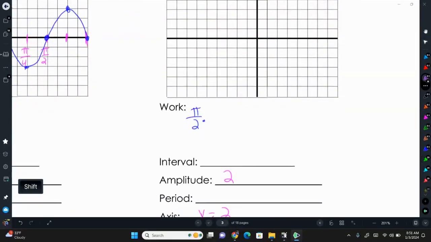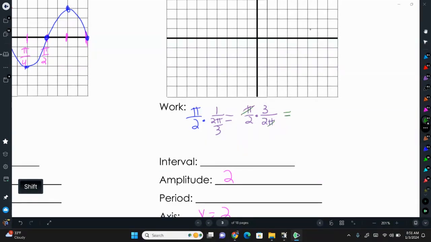So to calculate the interval, 1 over 2 pi over 3. So we're going to multiply by the reciprocal. So it's going to be 3 over 2 pi. So the pi's would cancel out, and our interval would actually be 3/4.